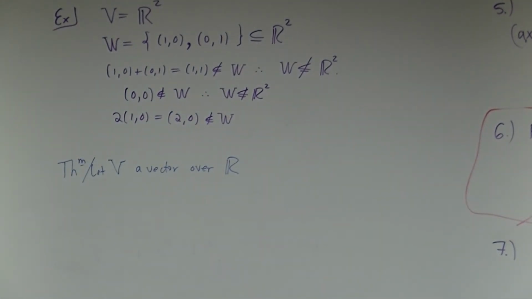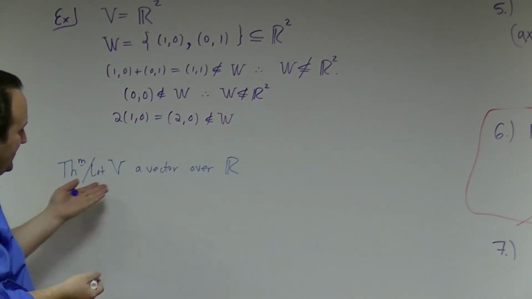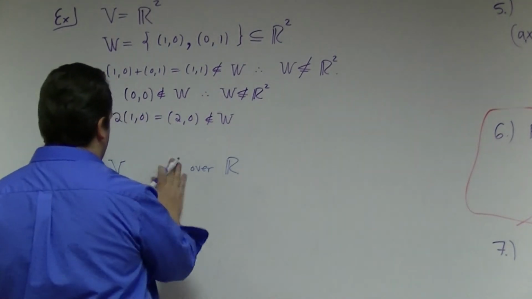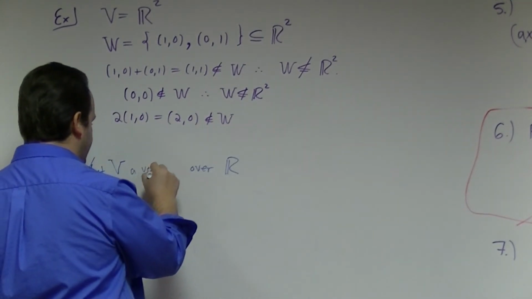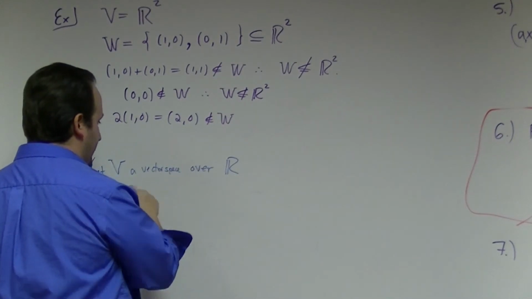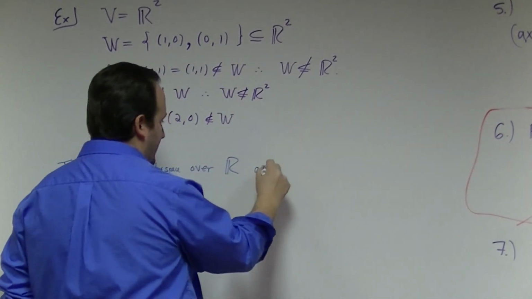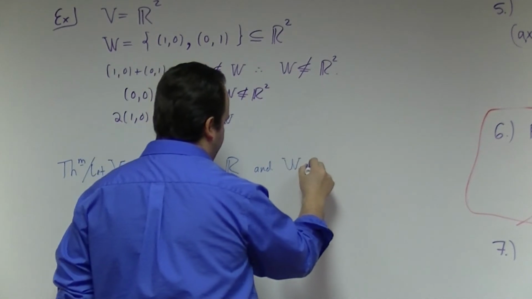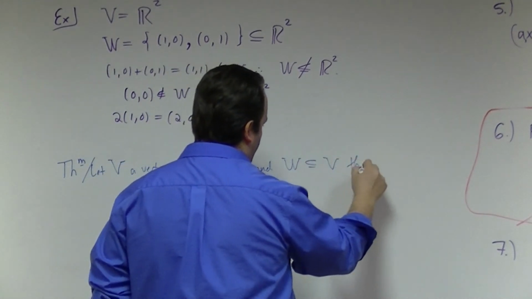Like I said, that's everything we're doing, so every once in a while I feel guilty for not saying it. Anyway, let V be a vector space over R, and W a subset of V.